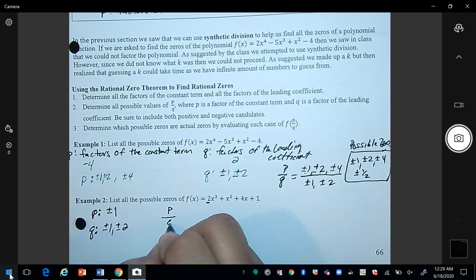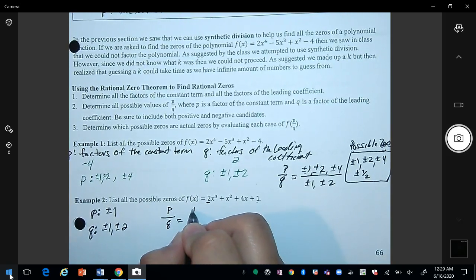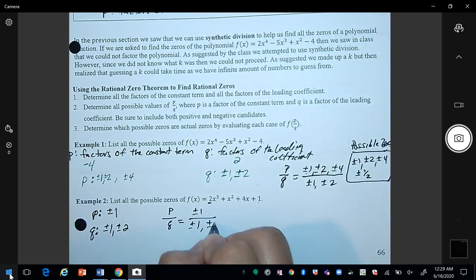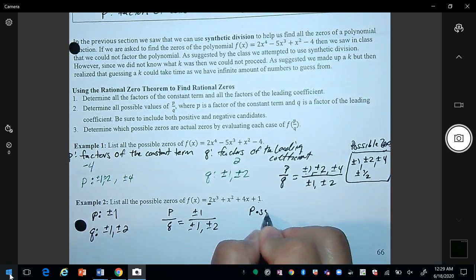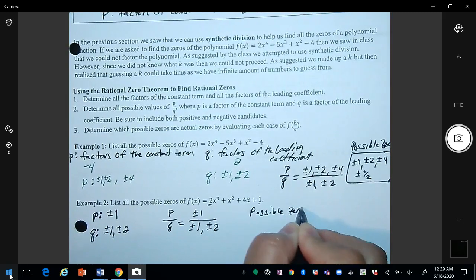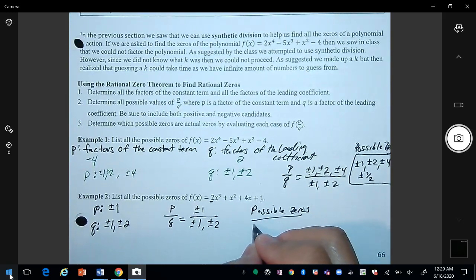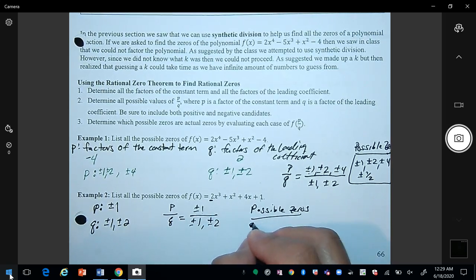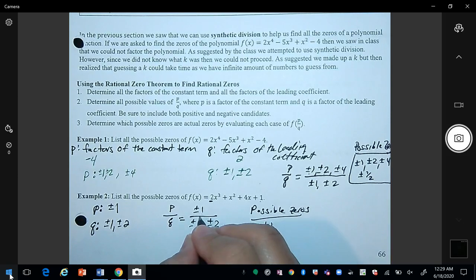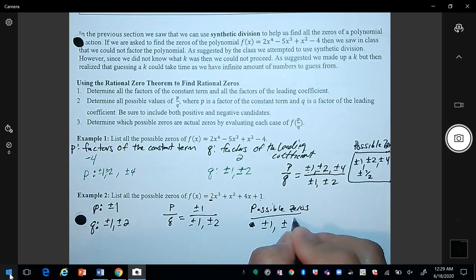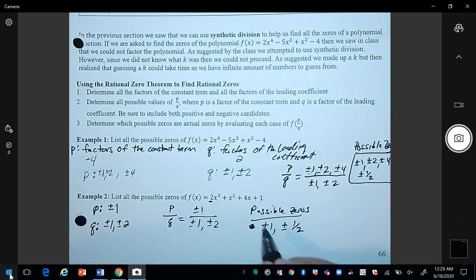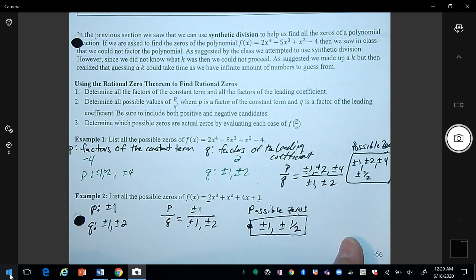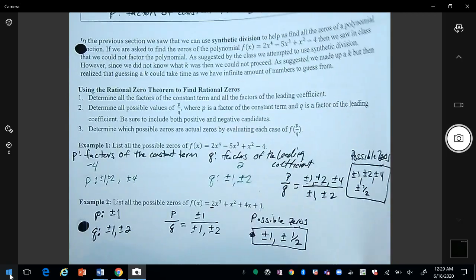So we divide p divided by q. p is plus or minus 1, q is plus or minus 1 and plus or minus 2. So our possible zeros are 1 divided by 1 is 1, and 1 divided by 2 is a half. In this example, we have 4 possible zeros.